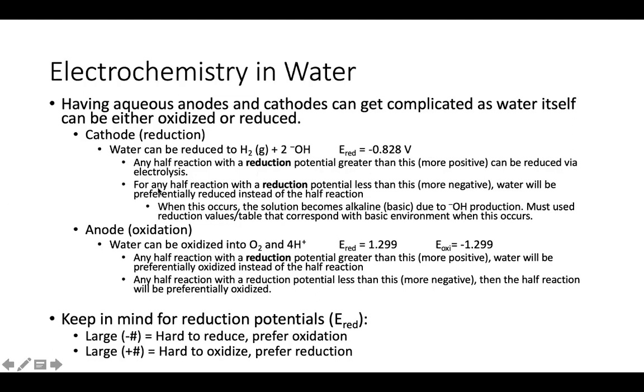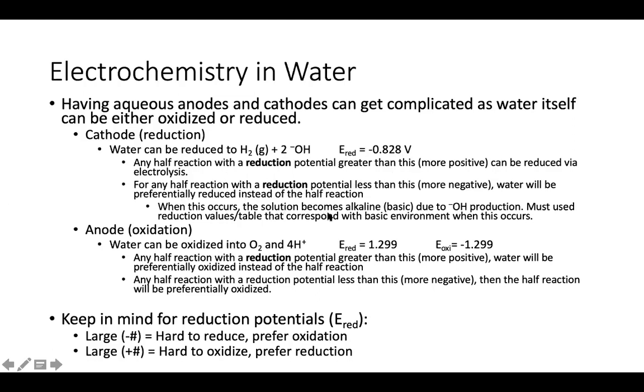If the reduction potential for a half reaction is more negative than the reduction potential of water, then the water will be preferentially reduced instead. Your half reaction would not undergo the redox; it would be water that does it.